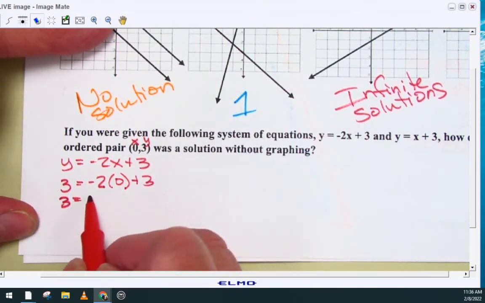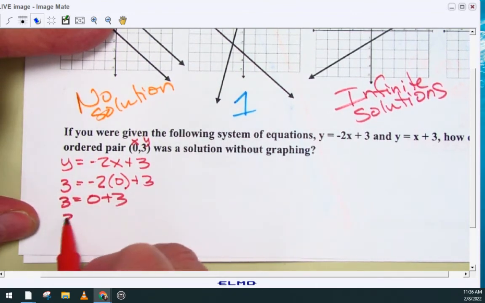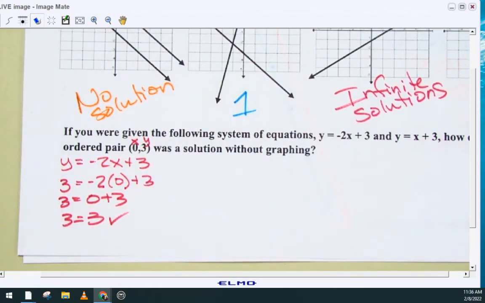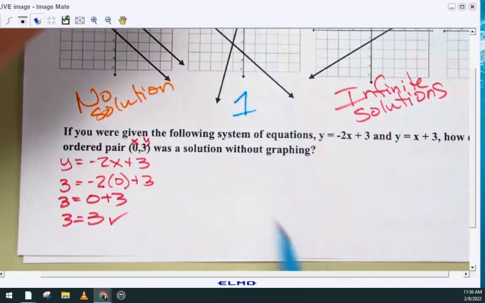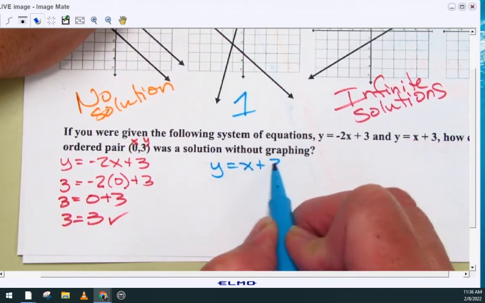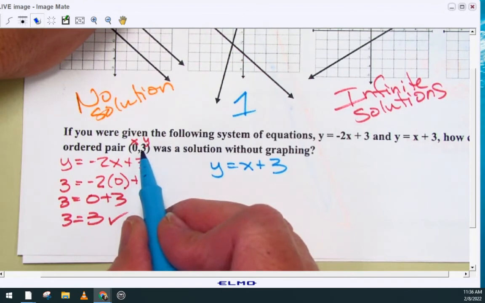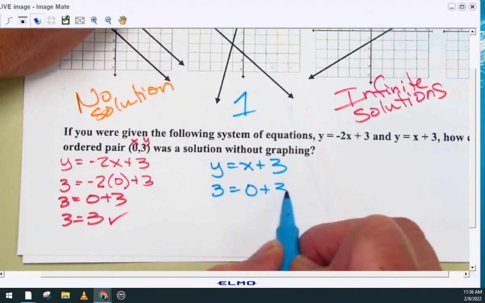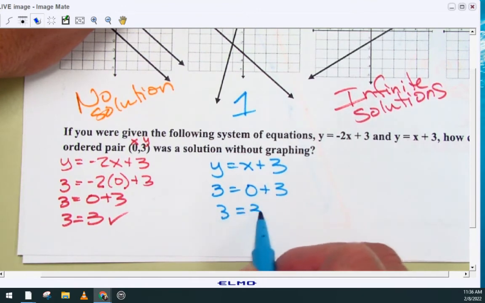So 3 equals 0 plus 3. 3 equals 3. Does that work? It sure does. So now let's try it on the other equation. The other equation is y equals x plus 3. I replace the y value with 3, the x value with 0. 3 equals 3.